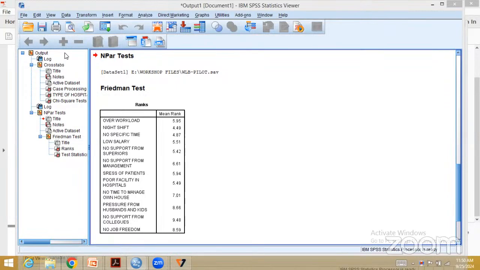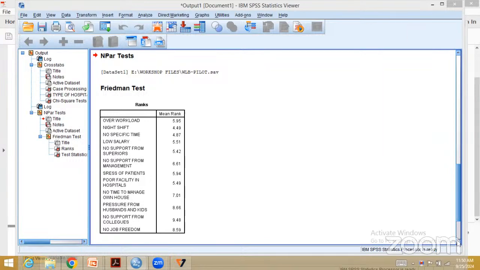Therefore, out of the 12 reasons for discomfort, night shift is the most dominant variable. Therefore, our hypothesis is rejected. What is our hypothesis? There is no significant difference in the reason for discomfort of working women gynecologists in hospital. This particular hypothesis is rejected.